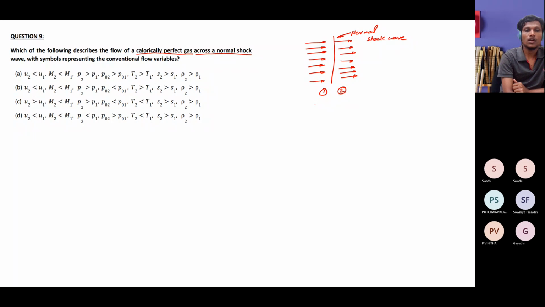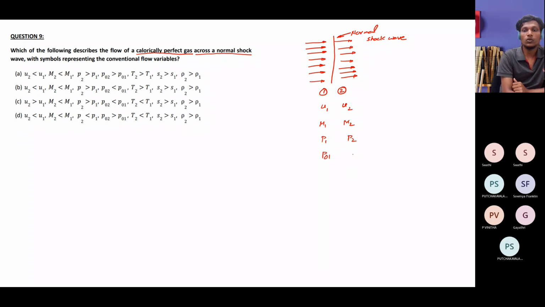So the question has a few parameters. Let's discuss only those parameters. That is U1, U2, M1, M2, P1, P2, P01, P02, T1, T2, S1, S2, rho 1, and rho 2.